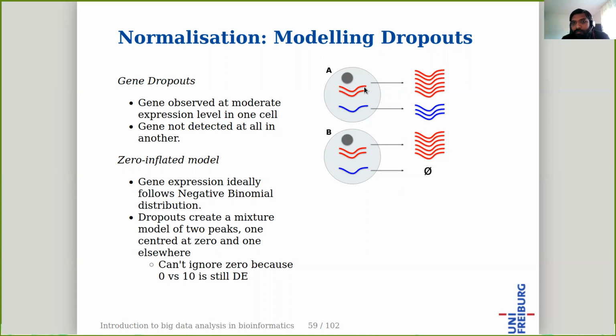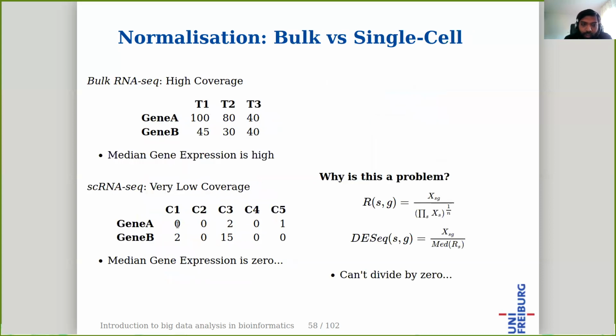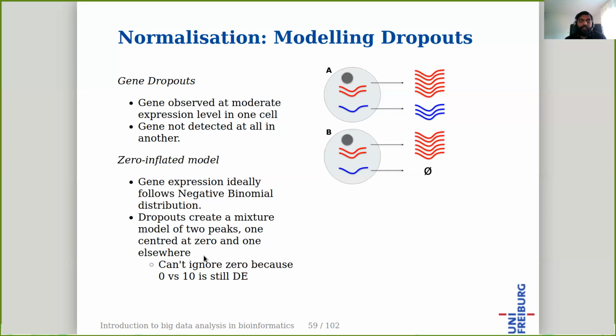You may pick up one of the red transcripts and amplify it, but as we discussed before, sometimes the blue one may be missed, and then there's no blue transcript present. This leads to our count tables with a lot of zeros. We see this matrix of cells and genes, and in reality, in single cell RNA sequencing, this matrix contains a lot of zeros.